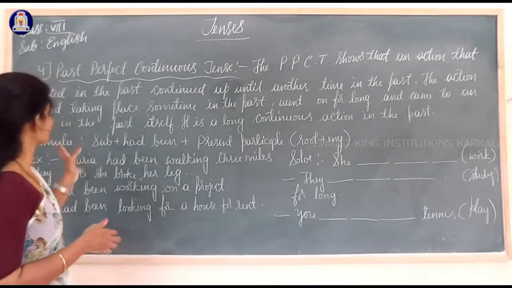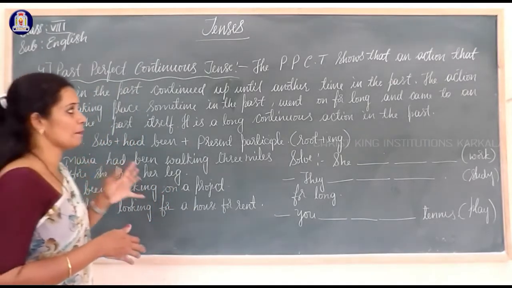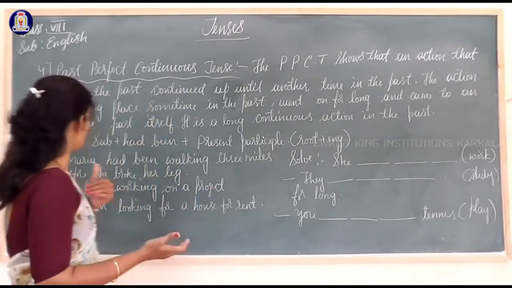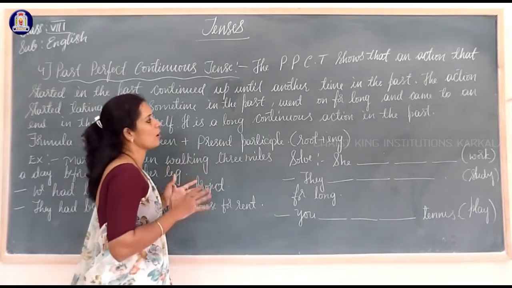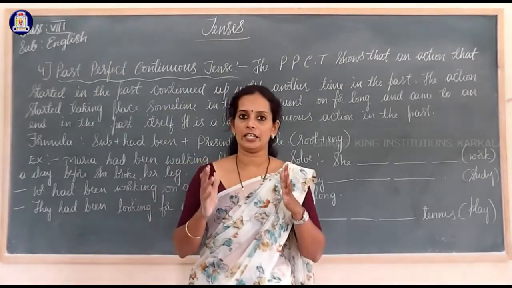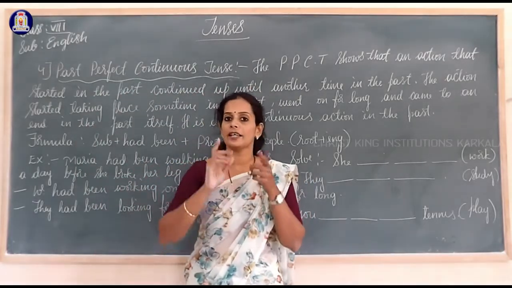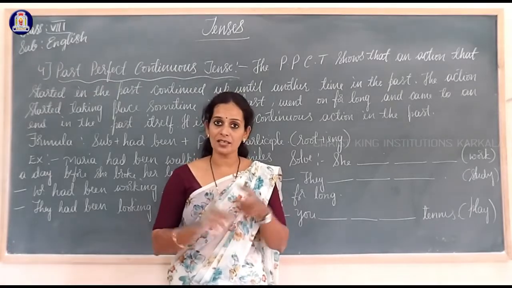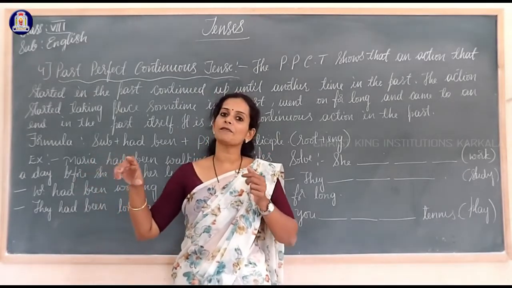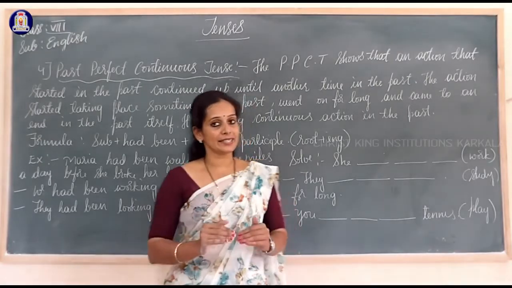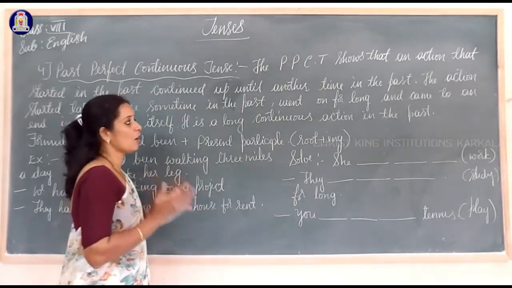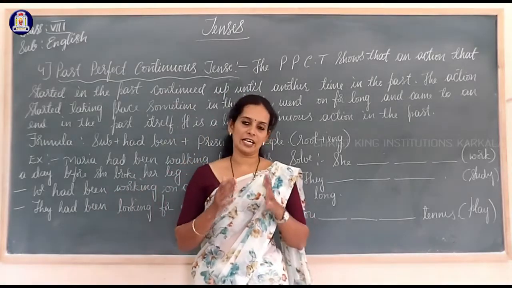The action started sometime in the past, went on for long and came to an end in the past itself, and it is called a long continuous action in the past.